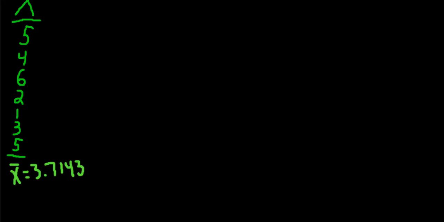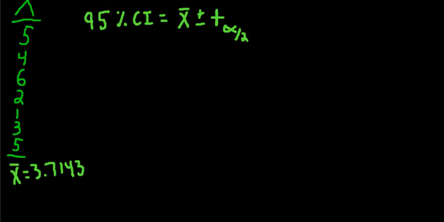So we'll want to calculate the 95% confidence interval, which we'll do by taking the sample mean and separately adding and subtracting the product of our t-value that corresponds to the two-tailed version for the alpha, that is 0.05.